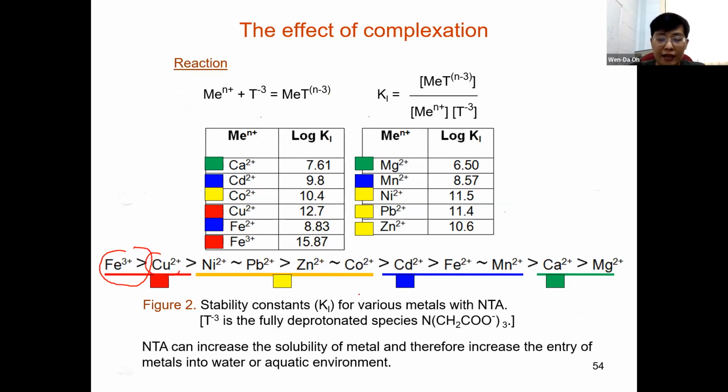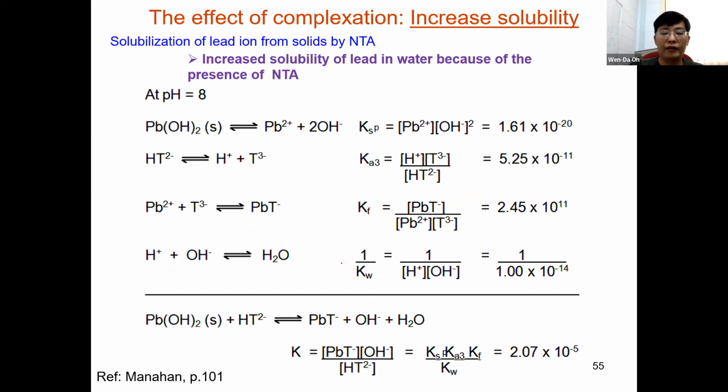So this NTA can complex with everything, but it depends on what kind of heavy metals you have. The ability of complexation depends on the heavy metal's characteristics, the affinity of the reactions. As I said just now, it can increase the solubility of lead in water. It has a tendency to complex with lead at a significant rate, so the Ka value of this complexation is very high.